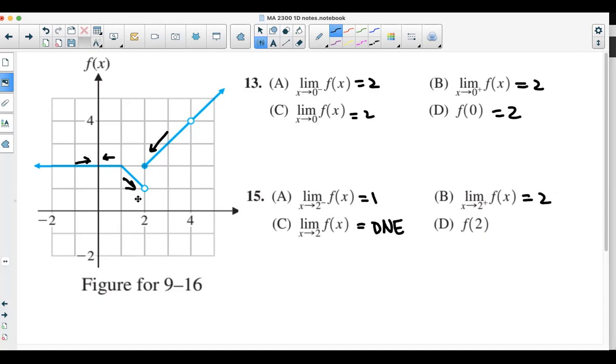And what's f of 2? What is happening at exactly x equals 2? That's right over here. I'm looking for the closed circle, not the open circle. The closed circle is right over here, which is 2. So being able to analyze the limit graphically, that's the first thing which we talked about.